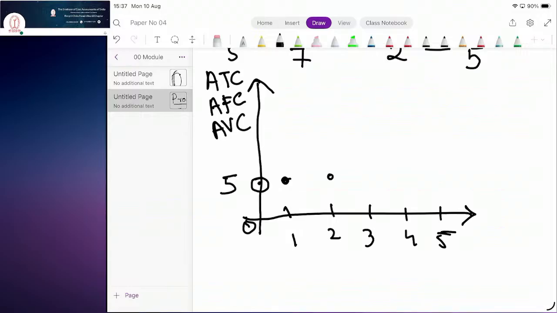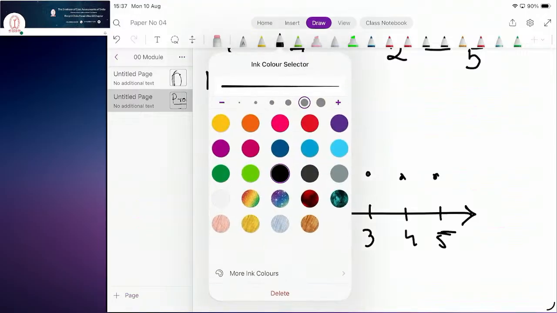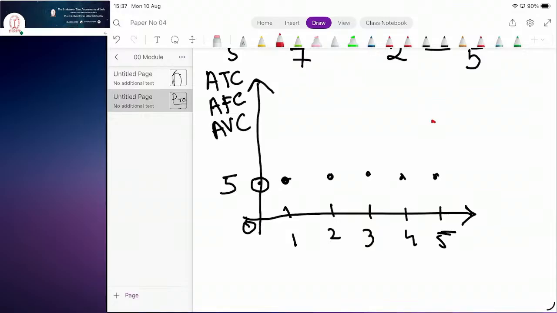For 3 also it is 5. For 4 also it is 5. For 5 also it is 5. So I will just generally write and connect this. This is average variable cost. Did you get it? AVC is plotted.